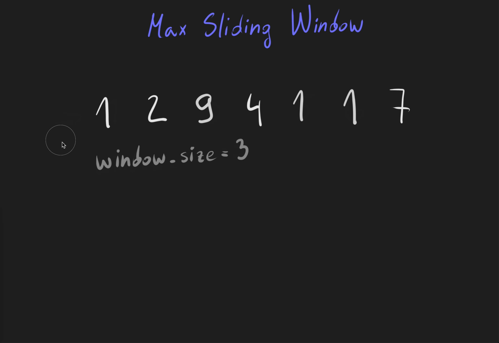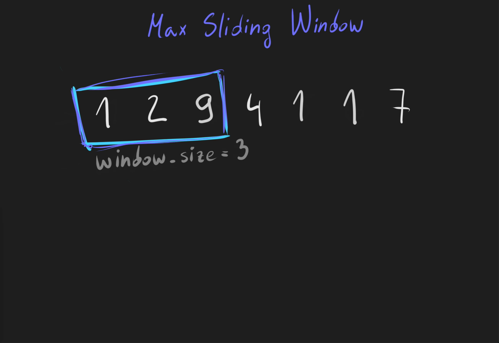The second argument is an integer which represents a window size, and the output needs to be printed to the standard out.